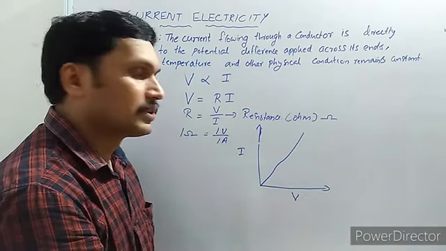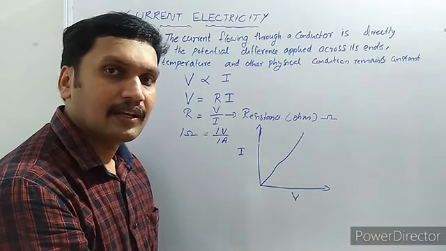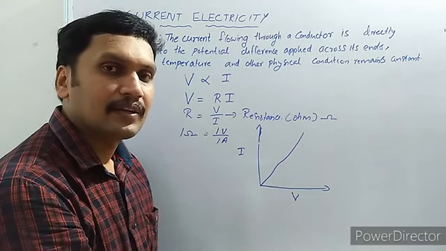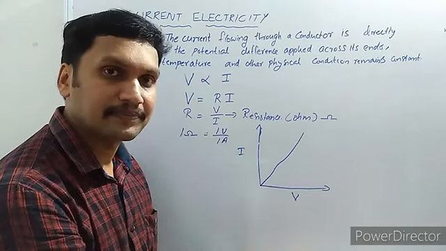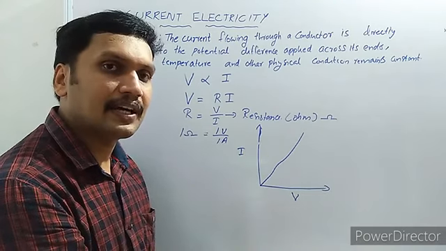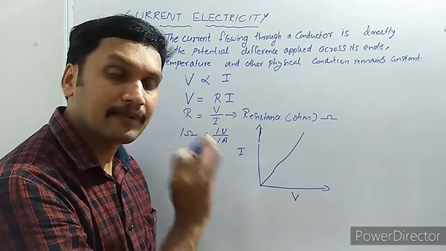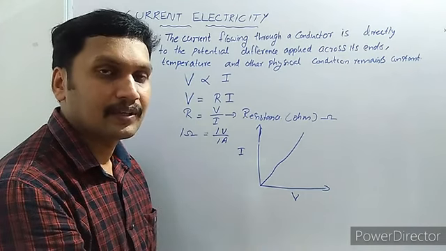Now we said that every conductor has some resistance. So a conductor having some good resistance can be called a resistor. Its purpose is to resist, so we call it a resistor.